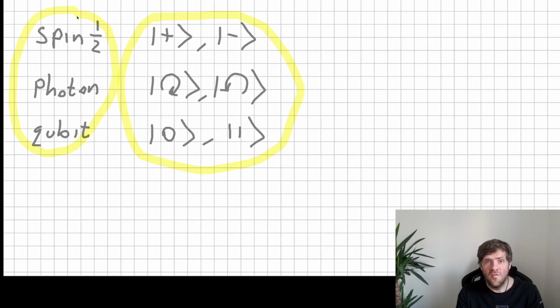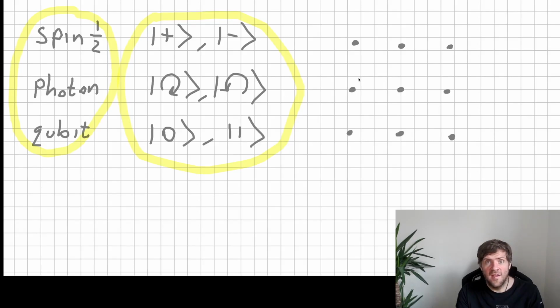So if you want to do the physics of a bunch of spin-half particles that are just sitting, say, on some sort of square lattice, interacting with each other according to what their spin values are, then that is something that we can seek to represent on a classical computer, or we can seek to represent it on a quantum computer.